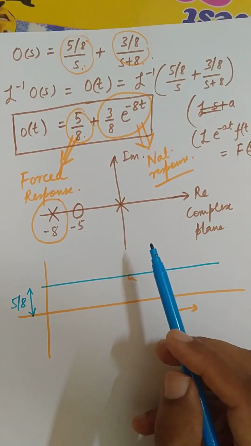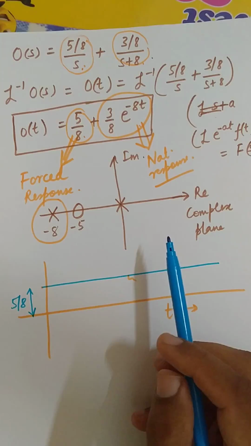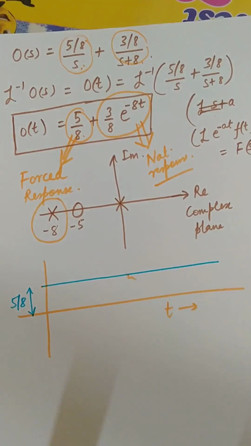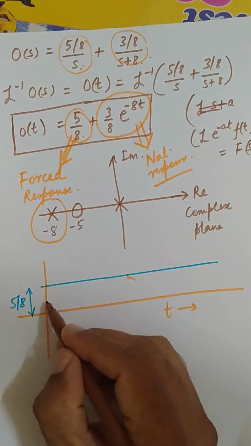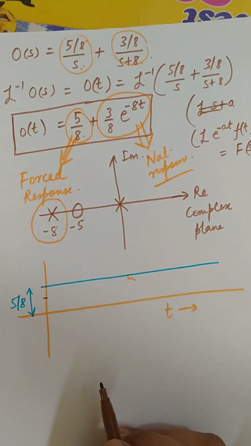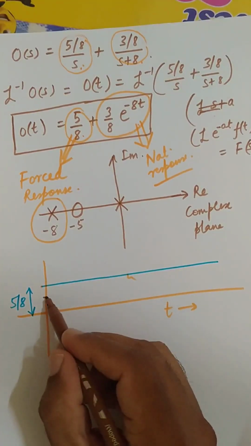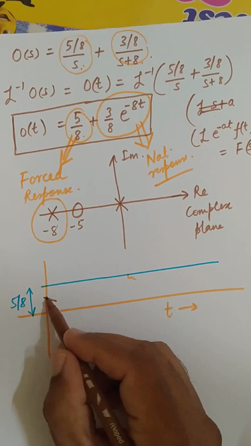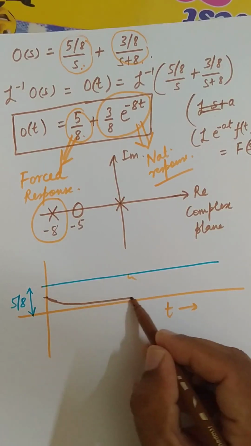And how would the natural response look like? Well, at t equal to 0, it will be 3 by 8, right? At t equal to 0, this will be 1, so it will be 3 by 8. It will start from here, and as time goes to infinity, or as the time increases, it will exponentially die out.